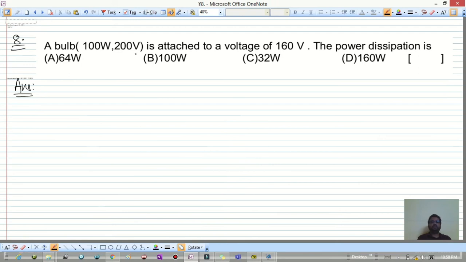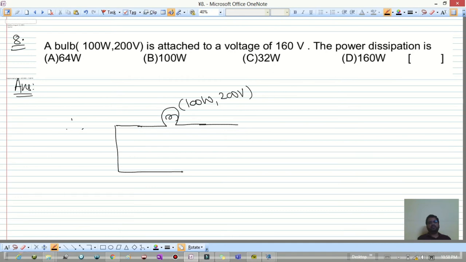Then the 8th one: a bulb is attached to a voltage of 160 volt. The power dissipation is, okay. So over here one bulb is given of 100 watt, 200 volt, which will be the rated power and rated voltage, connected across 160 volt.